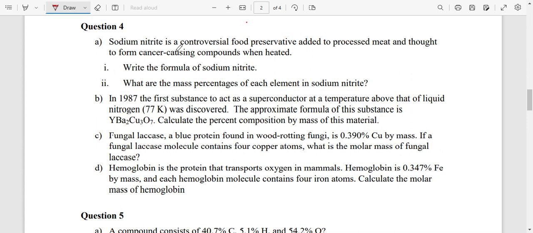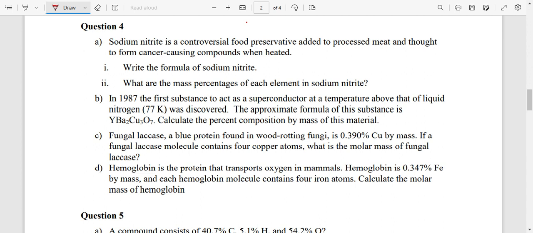Sodium nitrite. Sodium nitrite is a controversial food preservative added to processed meat and thought to form cancer causing compounds.